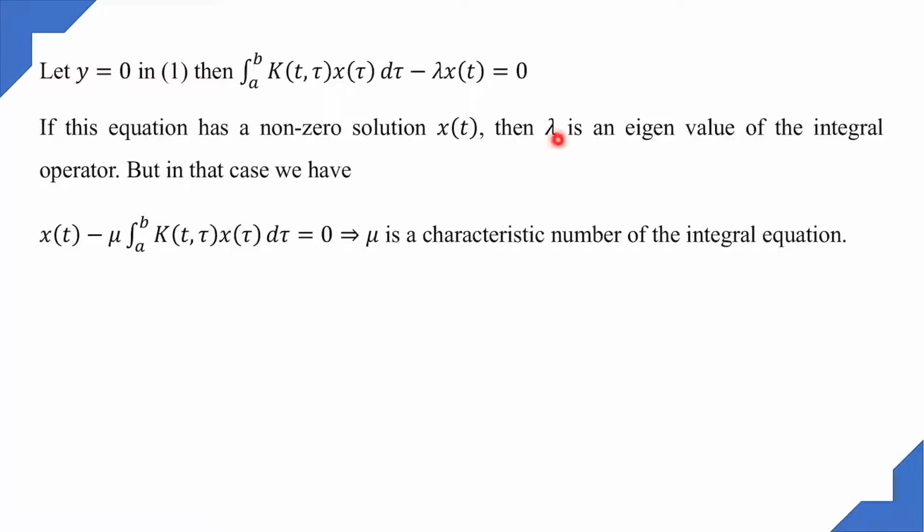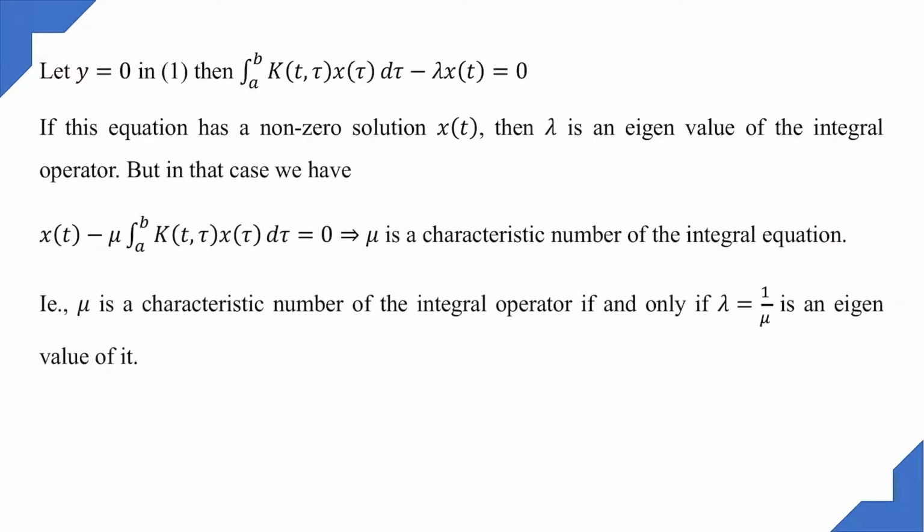So whenever lambda is an eigenvalue of the integral operator T, 1 by lambda, that means mu, is a characteristic number of the integral equation, and vice versa. So we can say that mu is a characteristic number of the integral operator if and only if lambda, which is equal to 1 by mu, is an eigenvalue of it.